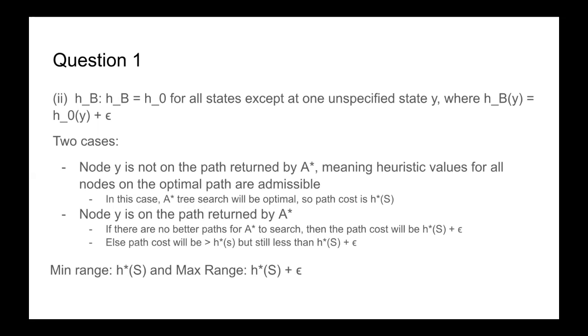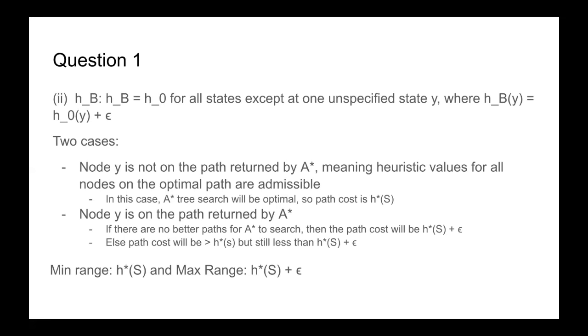In the case where A star can't find a better path, the path cost that is returned by A star is worsened by that value epsilon. So it's increased by epsilon because that heuristic value influenced the path cost that was returned. In that case, your max path cost is going to be H star plus epsilon.